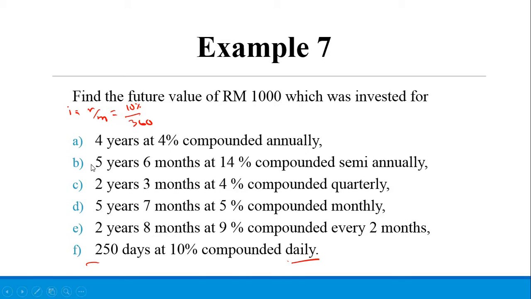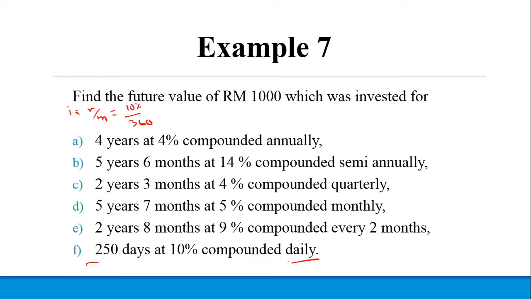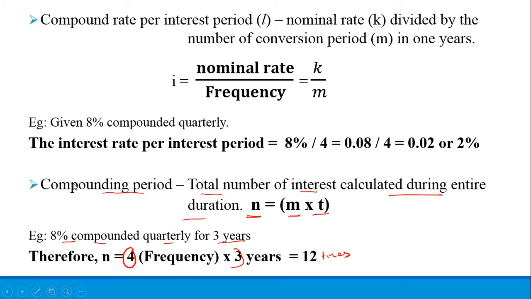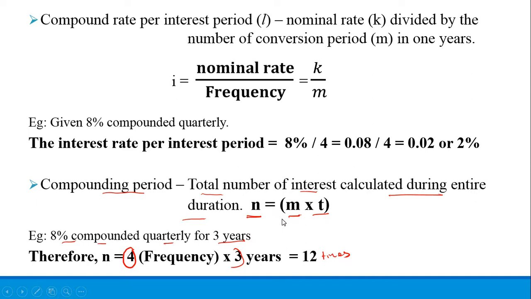For this case we don't use 365, we use 360. Daily means 360 times, not 365 for one year.